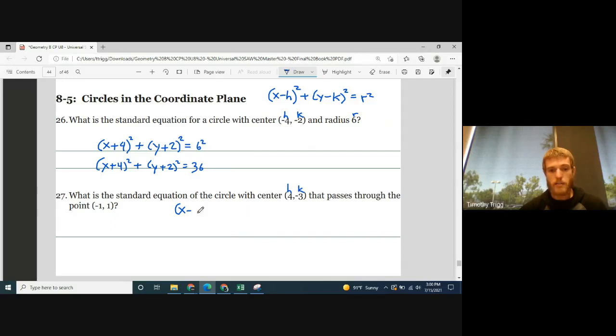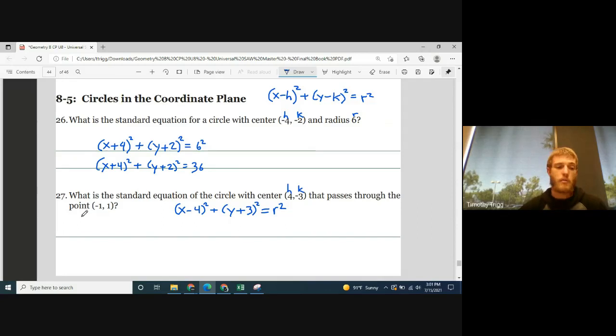So x minus 4 squared, x minus h is 4, plus y plus 3 squared, because again, it's y minus k, so that's y minus -3, which makes it a plus, equals r squared. Now, we don't know what r is yet, but that's okay.